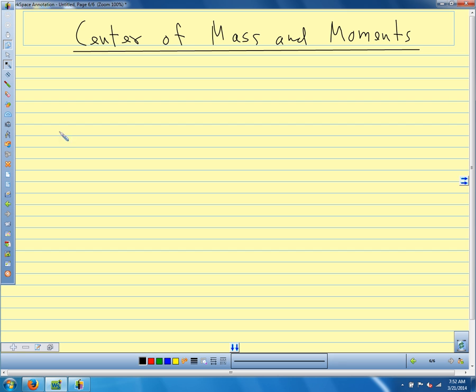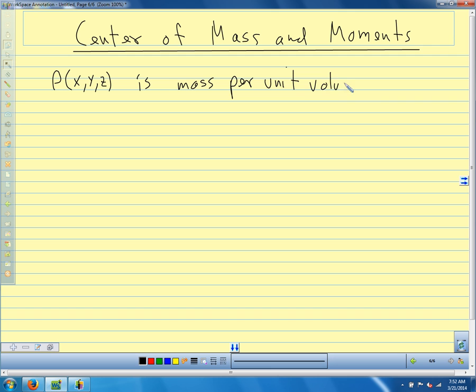Now we're going to say that rho is a function of x, y, and z, and we're talking about mass per unit volume. So the mass of a solid region, using a triple integral, is going to be the triple integral over our region of rho dV.